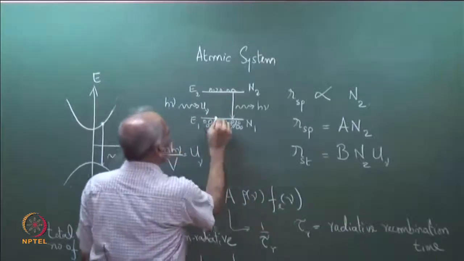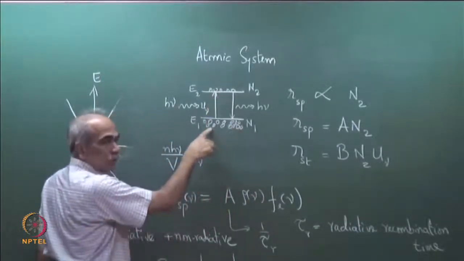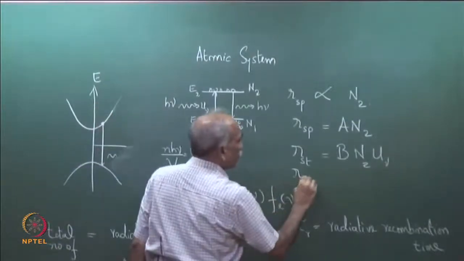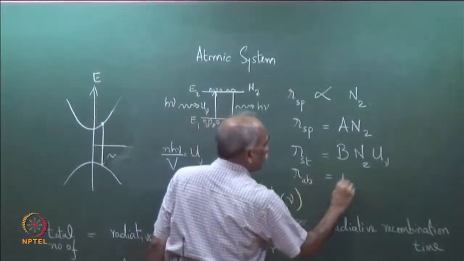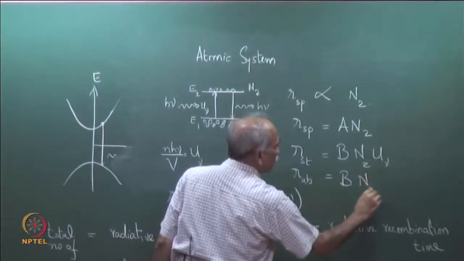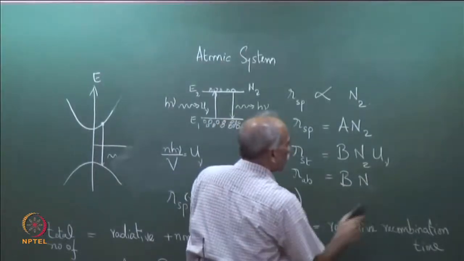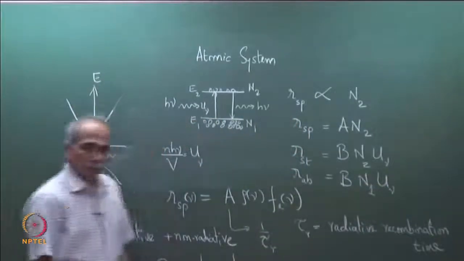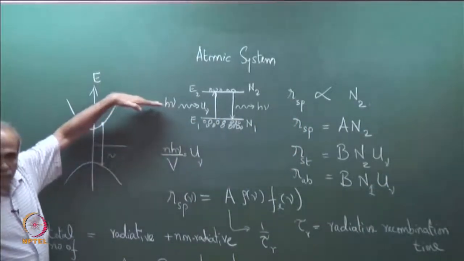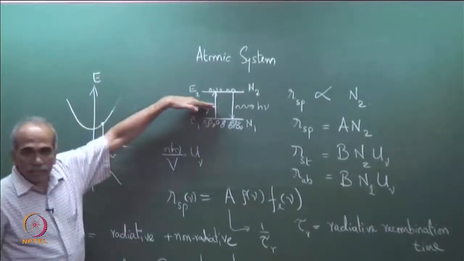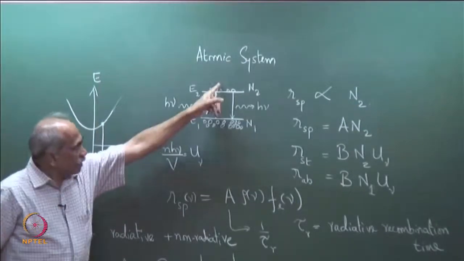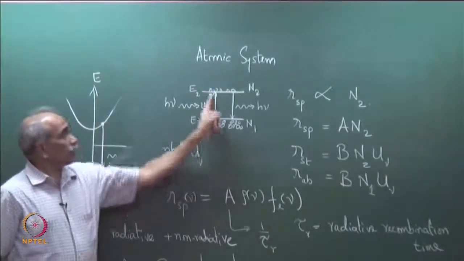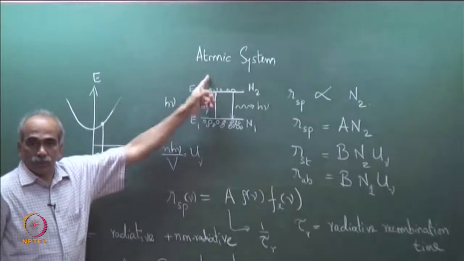and rate of absorption is proportional to the number of atoms in the ground state, and therefore, rate of absorption is equal to B into N1 into u nu. Please see, when there are photons of energy h nu here, they can stimulate downward transition, but they can also cause absorption, upward transition.